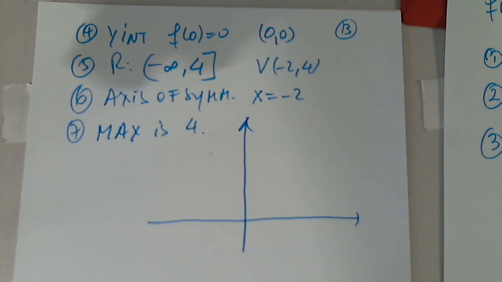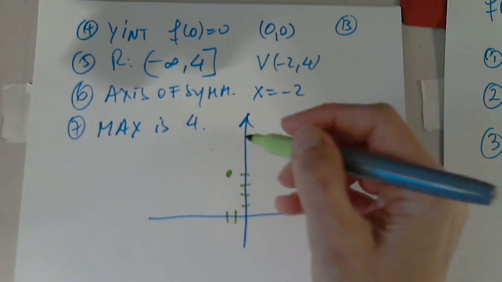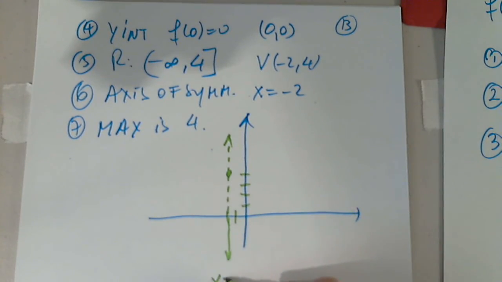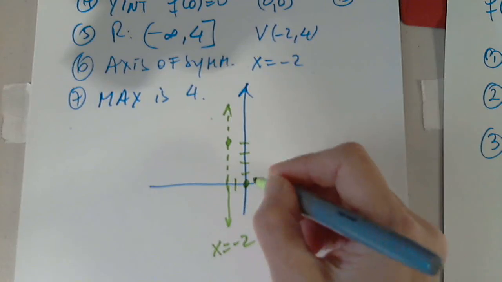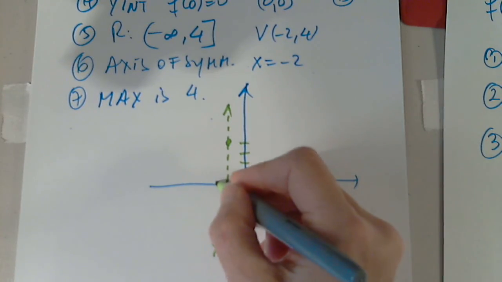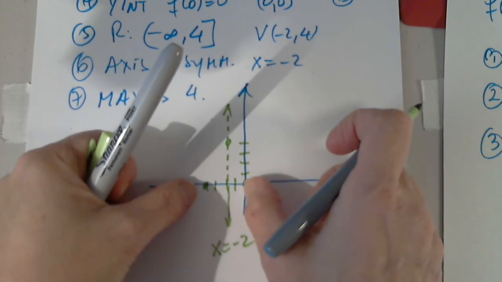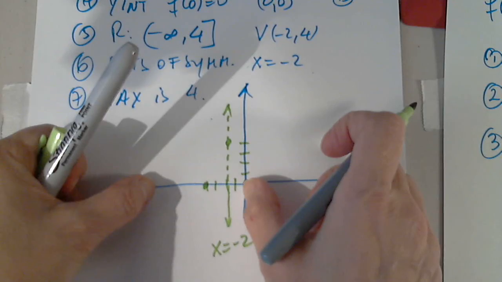So I can graph now. I always graph the vertex first. I have to continue with the axis of symmetry in order to keep the graph in shape. The x-intercepts are 0, 0, and negative 4, 0. They have to be symmetric. If you get an x-intercept at 0 and the other one at negative 10, you know something is terribly wrong.